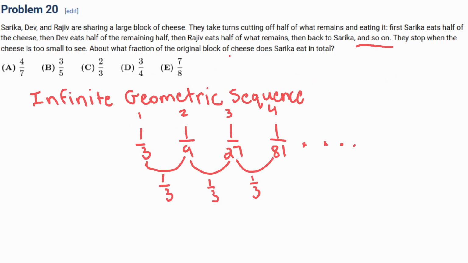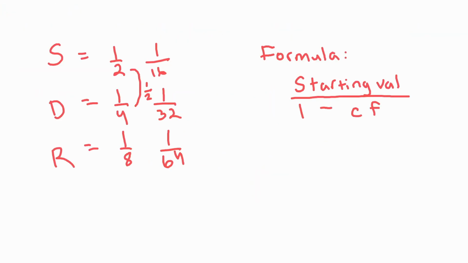But if we go back to the problem, it says about what fraction of the original block does Sarika eat in total? So the question basically tells us to only look at the set of Sarika. If we just look at Sarika, this will be 1/16, comma, 1/128 and so on. If we look at the set, the common factor between these is going to be 1/8.